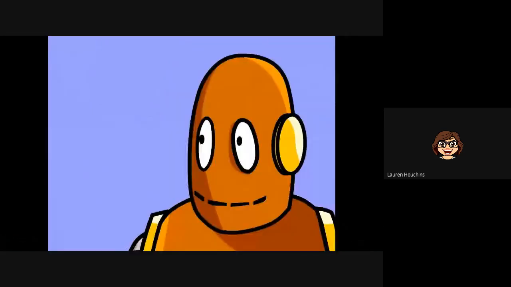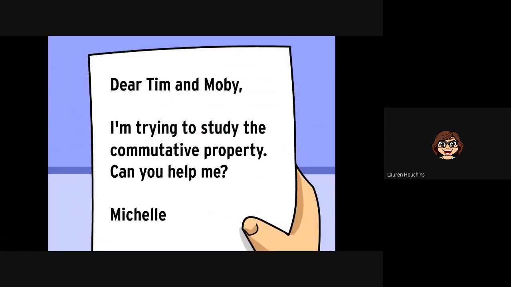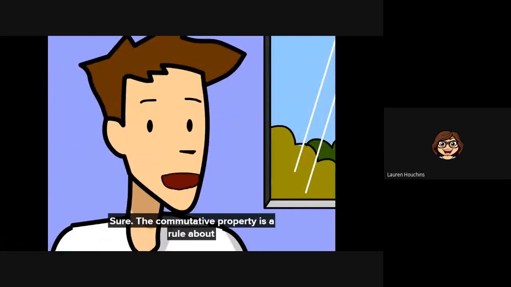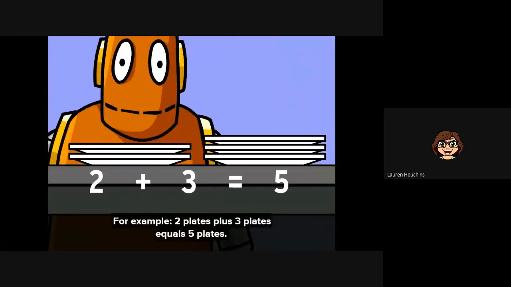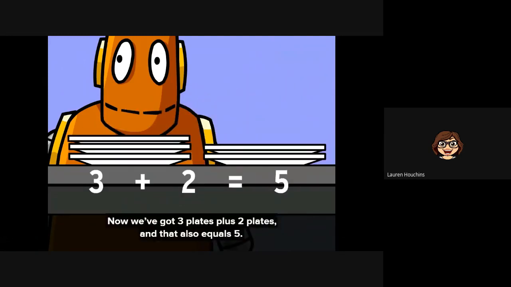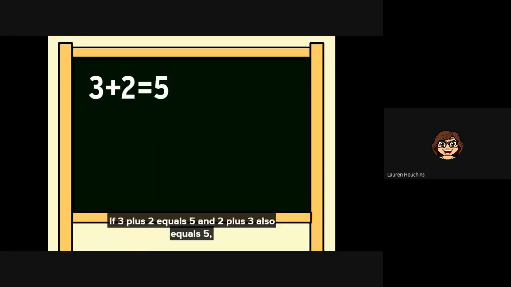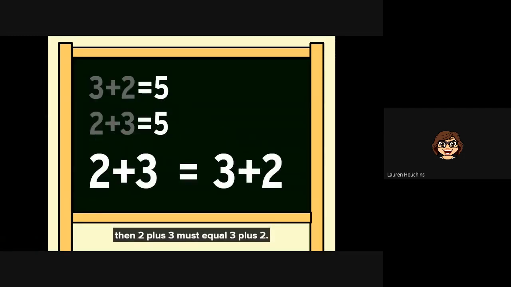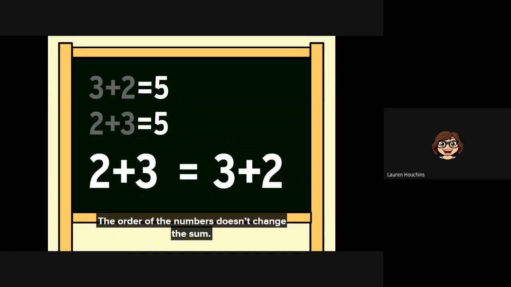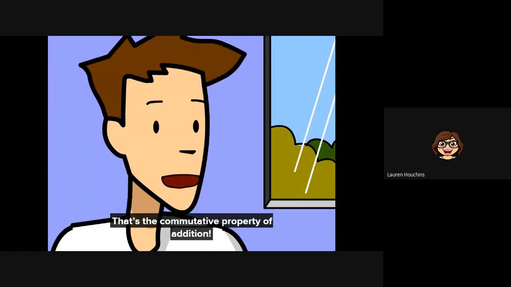Hey, Moby, what you doing? Dear Tim and Moby, I'm trying to study the commutative property. Can you help me? From Michelle. Sure, the commutative property is a rule about how we can add and multiply things together. For example, 2 plates plus 3 plates equals 5 plates. Now we've got 3 plates plus 2 plates, and that also equals 5. What do you mean this is baby stuff? You're the one having a tea party. Besides, I'm trying to make a point. If 3 plus 2 equals 5, and 2 plus 3 also equals 5, then 2 plus 3 must equal 3 plus 2. The order of the numbers doesn't change the sum. That's the commutative property of addition.